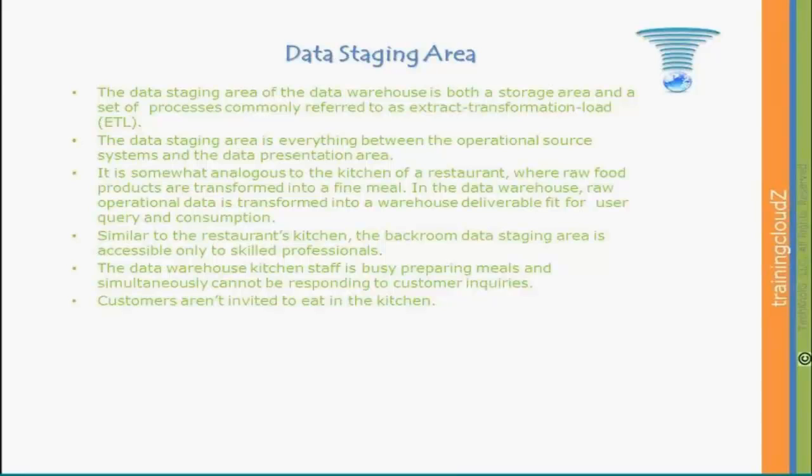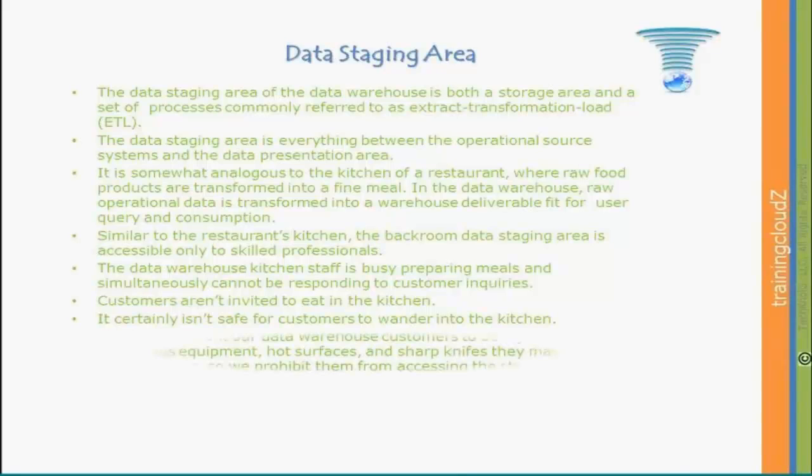The important thing, though it is funny, is that customers are not invited to eat in the kitchen. They can sit in the front, wait for the meal to appear, and eat. If you are sitting in the kitchen, you can't really eat. You understand how dirty a kitchen looks. So it is certainly not safe for the customer to wander in the kitchen.